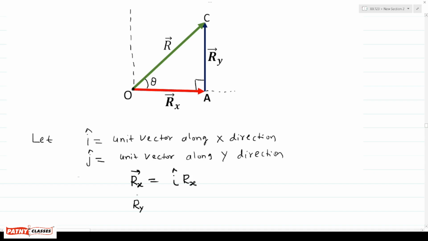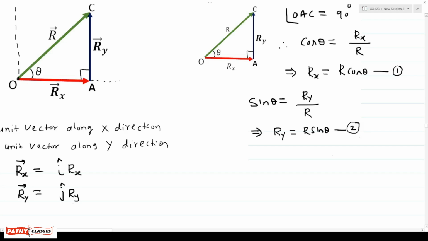Similarly, vector Ry equals j cap multiplied by Ry. From equation 1 and 2, now we can write vector Rx equals i cap multiplied by Rx, Rx value nothing but R cos theta. Similarly, j cap multiplied by R sin theta.